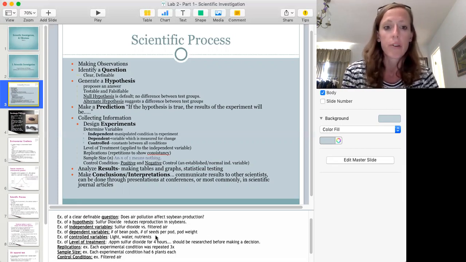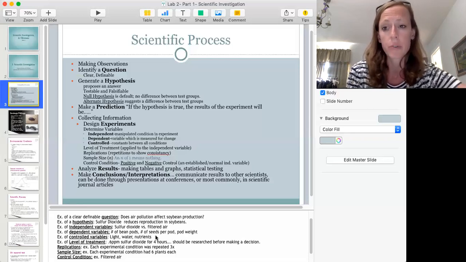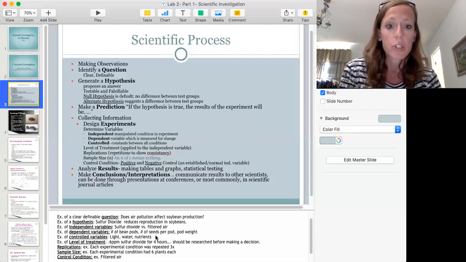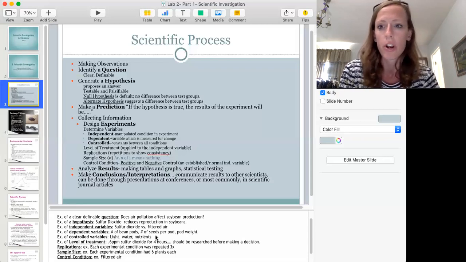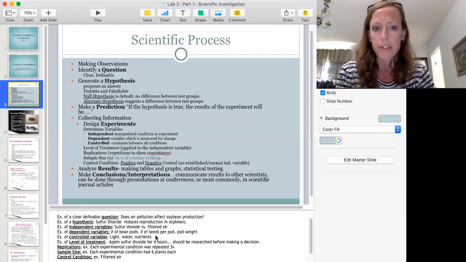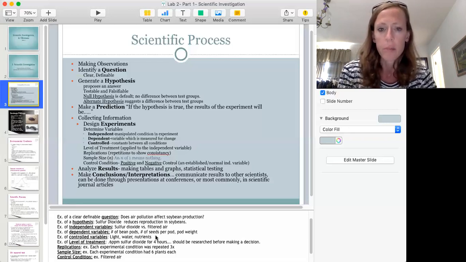The alternative hypothesis would say that yes, there is an effect of air pollution on the production of soybean plants. Okay, so the alternative hypothesis would be suggesting that there is a difference caused by air pollution, or whatever the example that you are studying is.